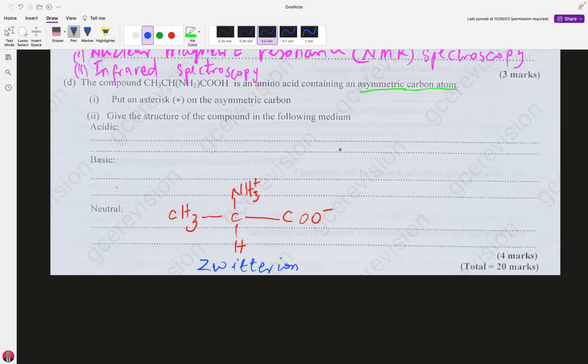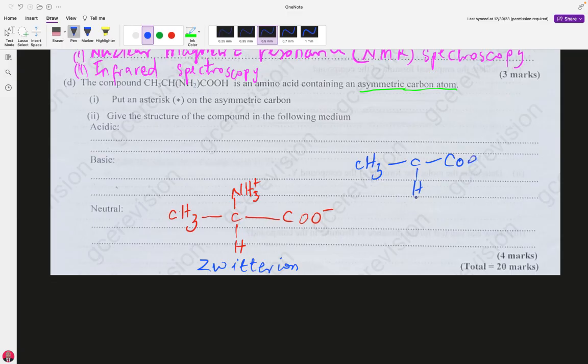You have this for yourself. In the basic condition, you have CH3, you have a carbon, you have a hydrogen.